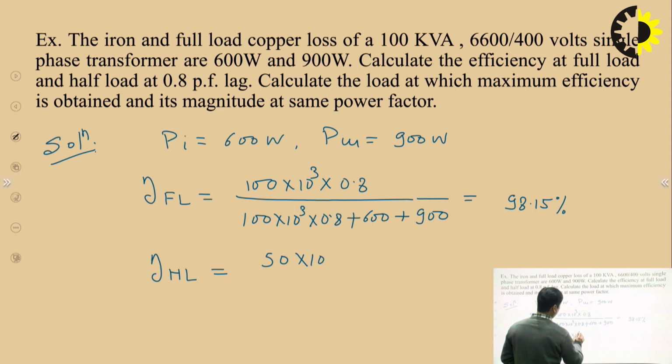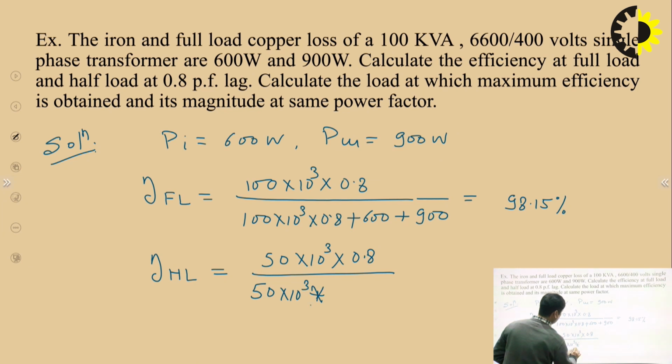And the power factor is the same, 0.8. So the output is 50 into 10 to the power 3 into 0.8, plus iron losses. The iron losses will remain the same, but the copper losses will change since they are current dependent.